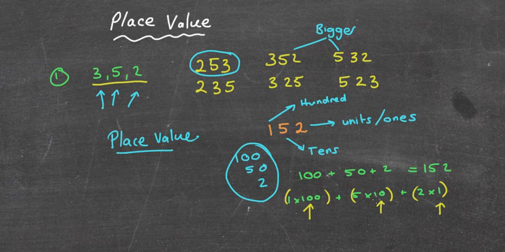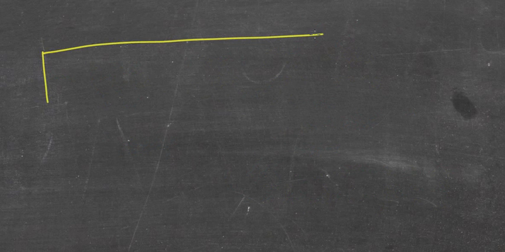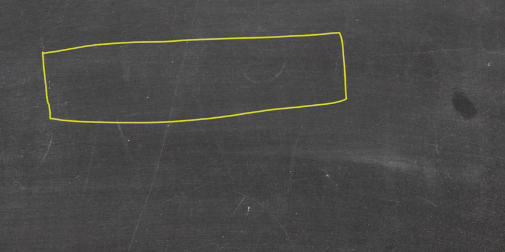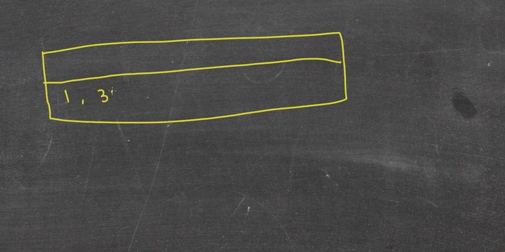So place value is exceptionally important when we talk about Hindu Arabic numbers, or in other words, our own number system. What else do you think there is after the tens column and the hundreds column? I'm going to write out a little bit of a box here, and I'm going to put in a really big number: 1,352,576.